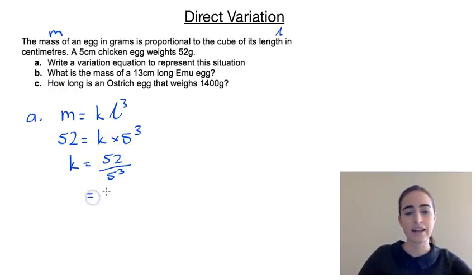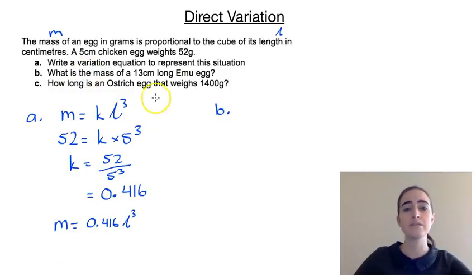When we put that in our calculator, it's going to give us 0.416. So that means our variation equation is m equals 0.416 L cubed. All right, so that's part A.